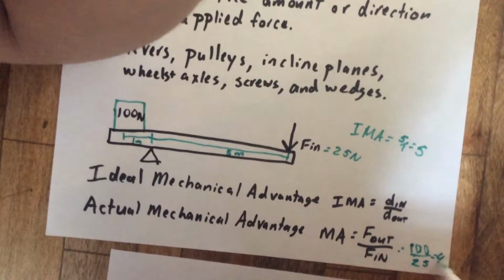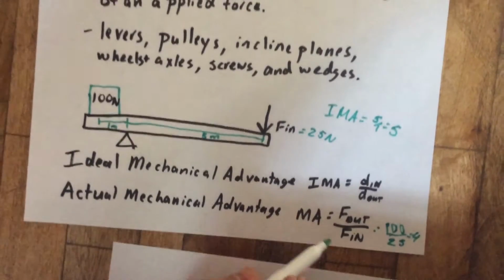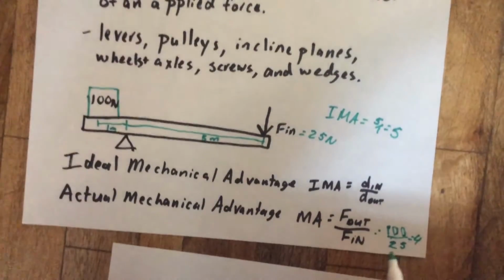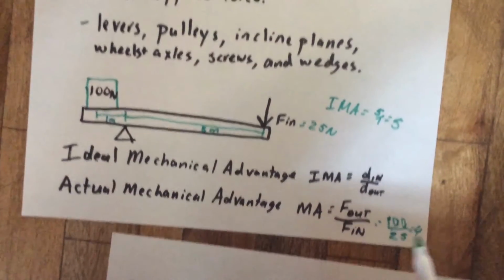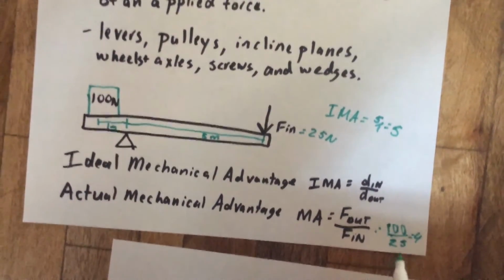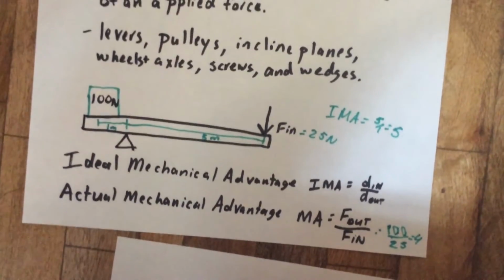So I would get an actual mechanical advantage of 4. Your mechanical advantage at best is going to be the same as the ideal mechanical advantage. Most of the time, 99% of the time, it's going to be worse.